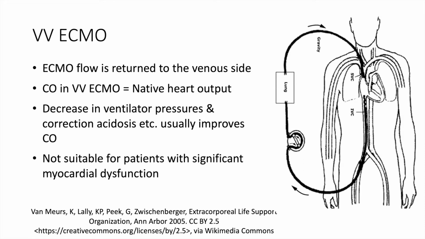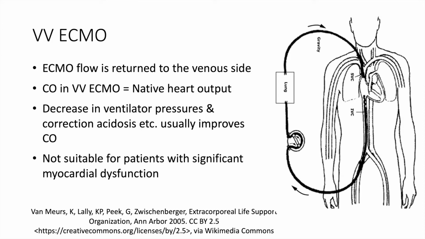However, patients with severe acute respiratory failure are on very high ventilator settings, which may lead to increased intrathoracic pressure and impaired venous return. Also, they may be hypoxemic and acidotic, which may impact myocardial function.